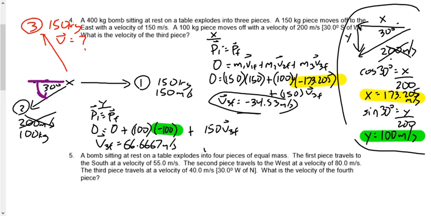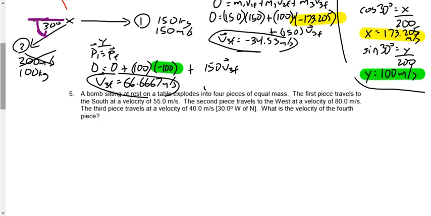So there's my x, there's my y. Now I'm just going to combine them, right? 34.53 to the left, 66 up.